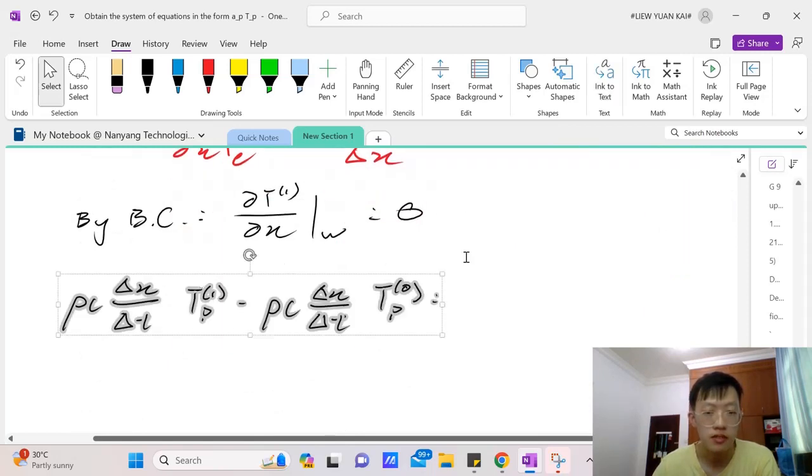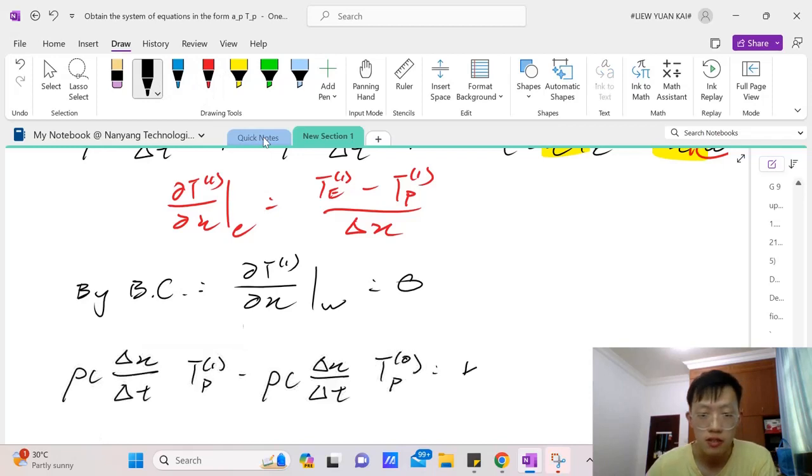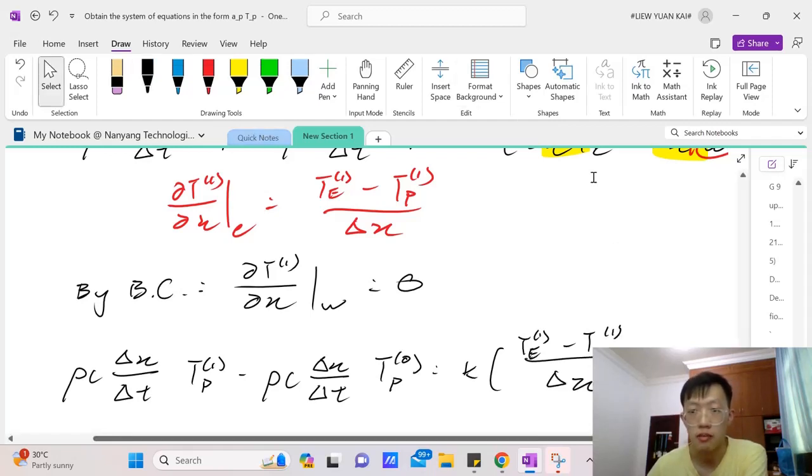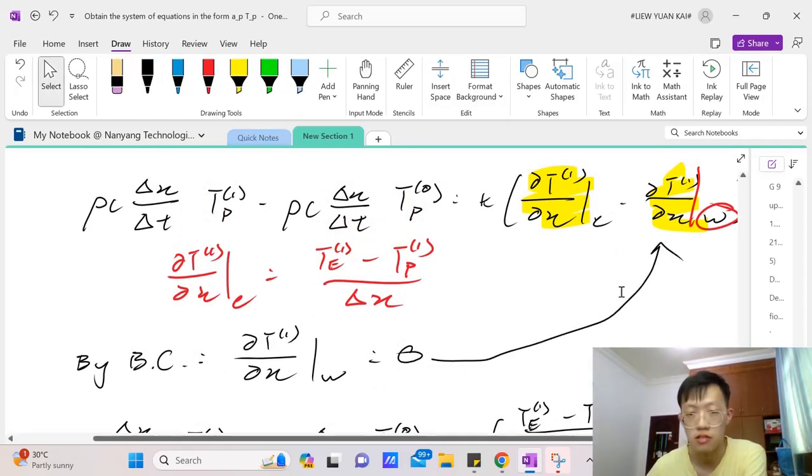Continuing the equation, now we're going to substitute our results in. So if you substitute, we have this. So T1E minus T1P, and remember, this is just 0, so minus 0.